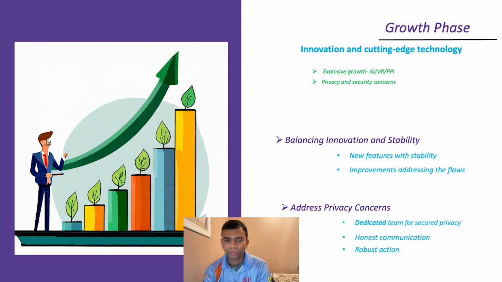Speaking in terms of innovation and stability, we prioritized implementing a robust testing process of various features, to ensure that each was absolutely stable before rolling it out to the users.